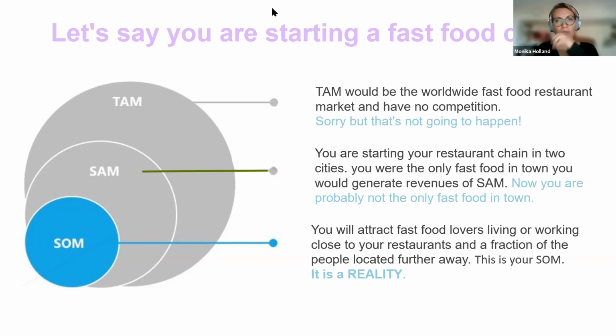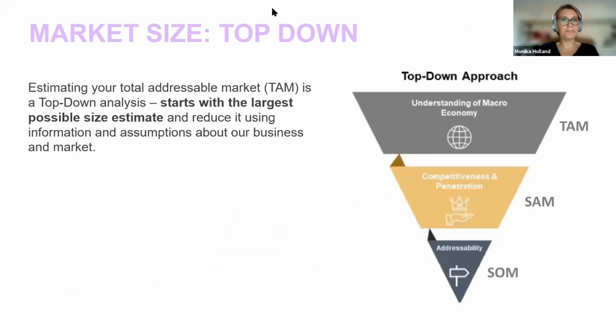But if you're studying locally, what is more addressable to you? What is realistically in your direct market? And then we'll take 2.5% to know the SOM, what is realistically achievable in the first 2 years of the business.